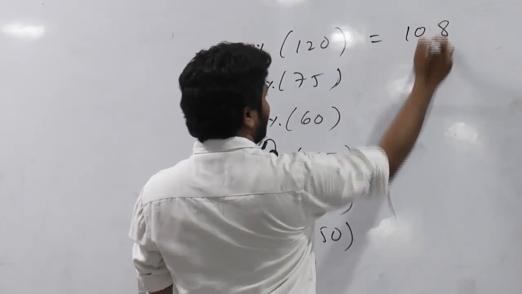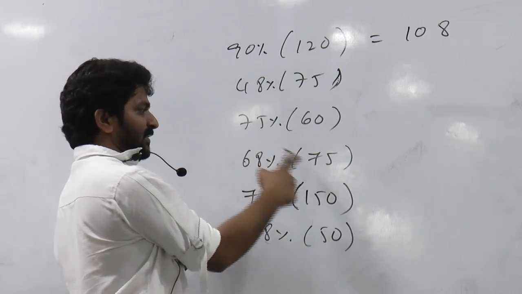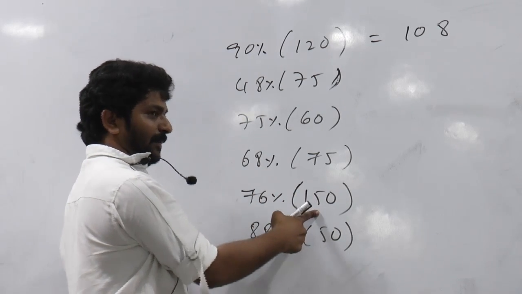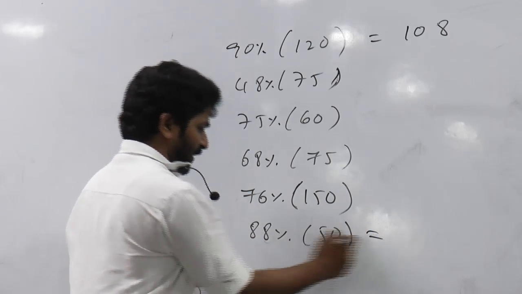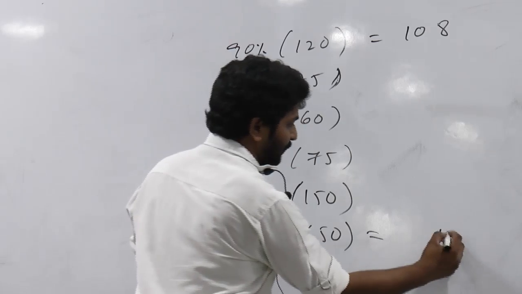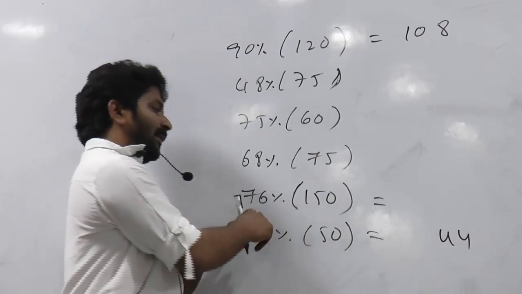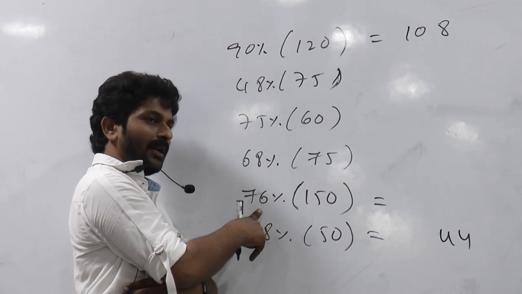So this is 108. I can see 75, 75, 75, 75 multiple. I want to combine all this. Hold it. 88% of 50 or 50% of 88? 44. Can I write this as 150% of 76? Right?